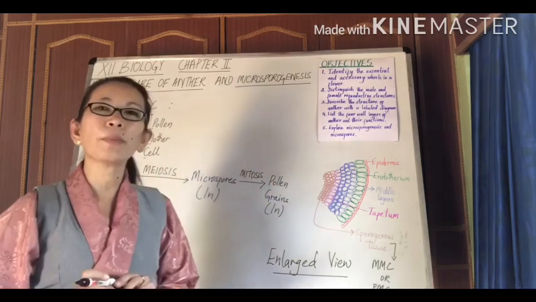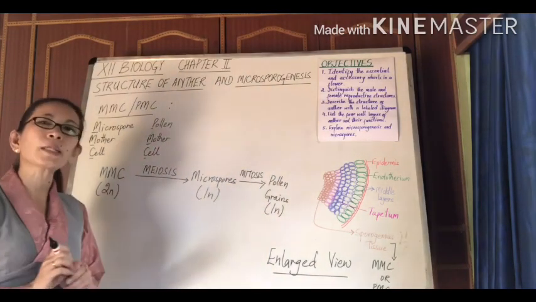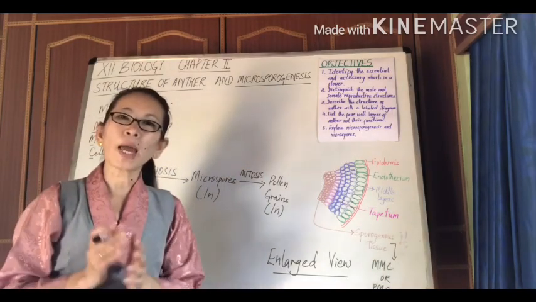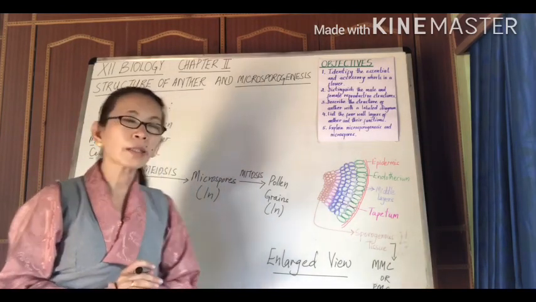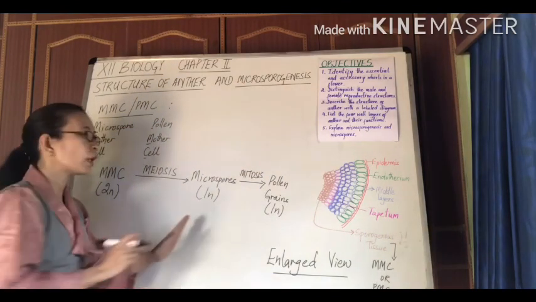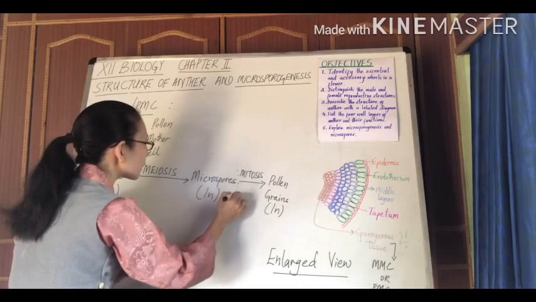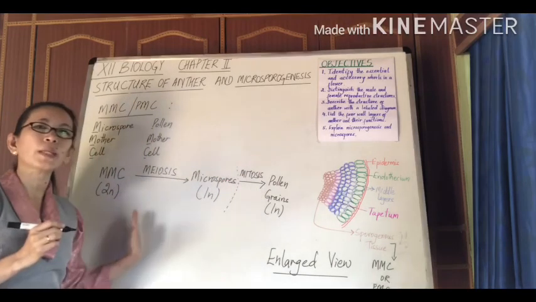So this is how we can understand the events taking place inside the Microsporangia when the anther is maturing, right? So we have MMC giving rise to microspores, and today we are going to focus more on understanding the process up till here.